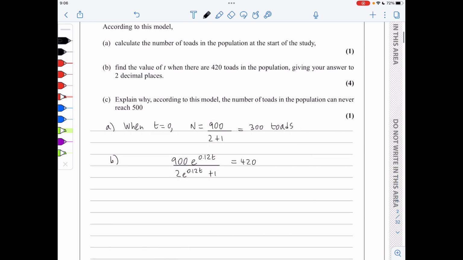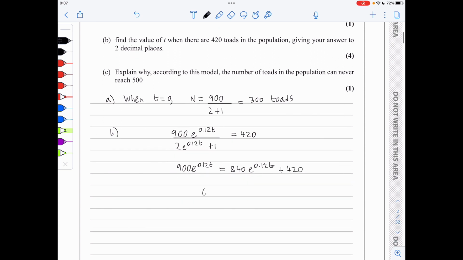I will start by cross multiplying to get 900 e to the 0.12t is 840 e to the 0.12t plus 420. So this means that 60 e to the 0.12t is 420. Dividing throughout by 60, we get that e to the 0.12t is equal to 7.